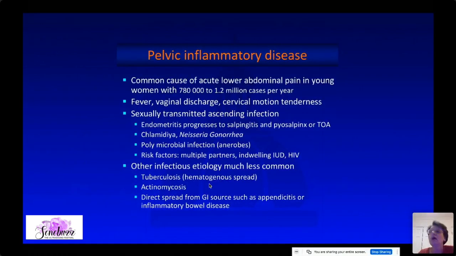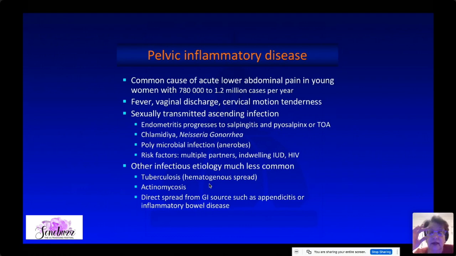Of course, let's talk about the more common pelvic inflammatory disease, which is a very, very common cause of acute lower abdominal pain. Classically, patients will have fever, vaginal discharge, cervical motion tenderness. And basically, it is usually a sexually transmitted ascending infection from endometritis, progressing to salpingitis and pyosalpinx or tubo-ovarian abscess.